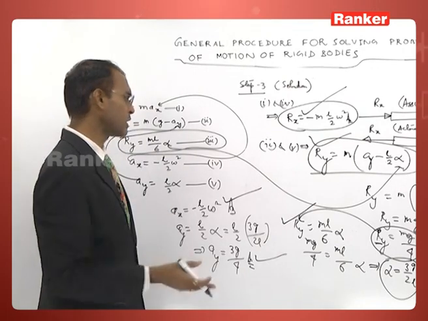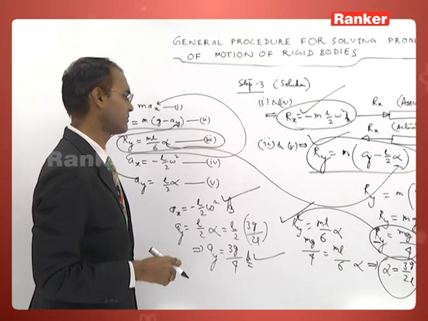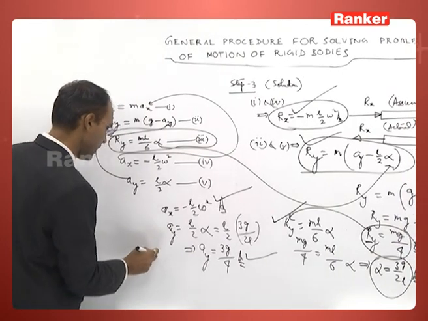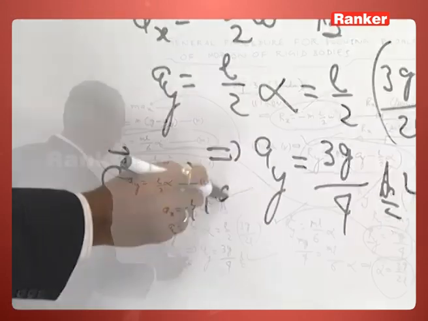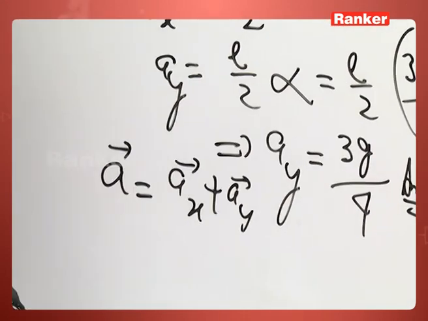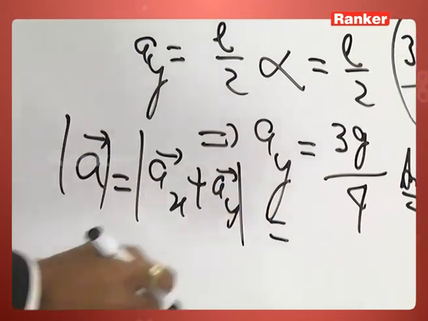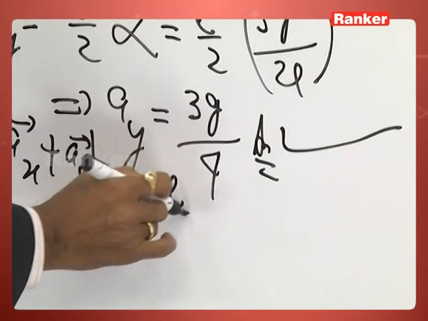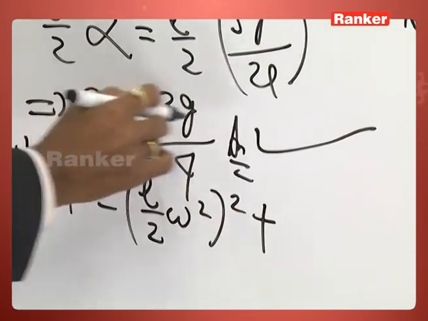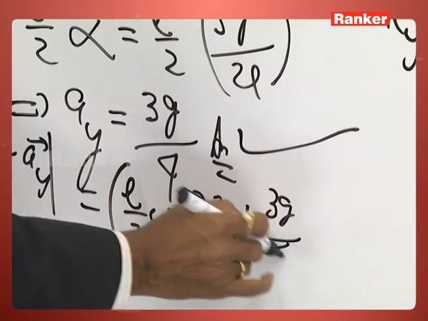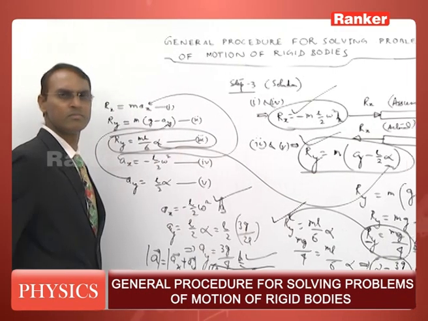They may ask you to calculate the total acceleration and total reaction force. The net acceleration is equal to Ax vector plus Ay vector. Its magnitude you can calculate. That is equal to the square root of L by 2 into omega square, squared, plus 3g by 4, squared.